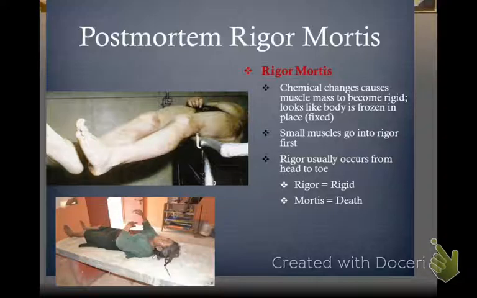When a person dies, because they don't have any more ATP being generated in the cells, those cross bridges cannot release. The myosin heads cannot release from the actin. And so the body, after a period of time, it's going to start with the smaller muscles in the face first. The body's going to stiffen and in this position called rigor mortis, death rigidity.